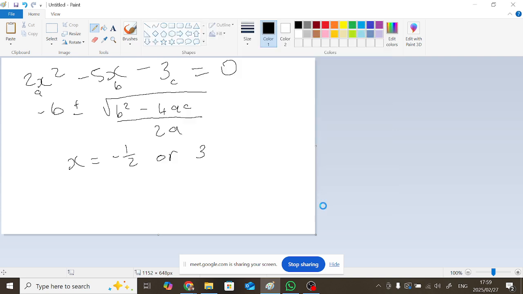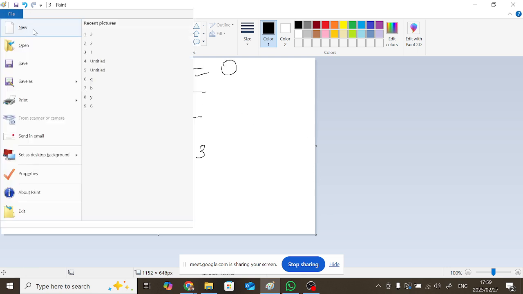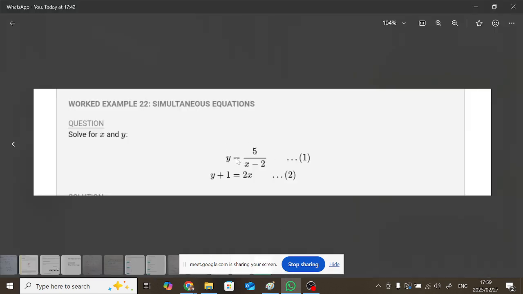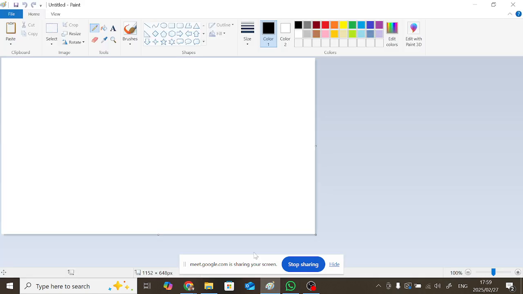Now that we've solved x, we can just substitute x. I think it would be easy to substitute x into this equation, it's going to make our lives much easier. So let's rewrite this equation: y plus 1 is equal to 2x.